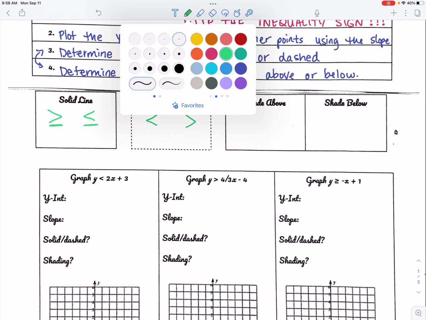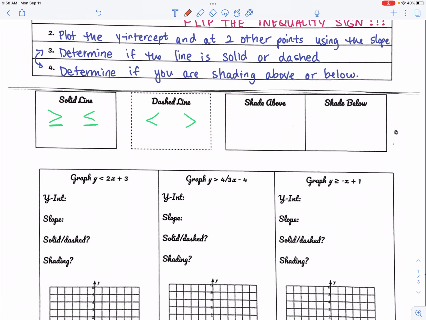Shading above or below: if we have greater than or equal to, that tells me I'm going to be shading above this line. Now there is an exception. If we have a vertical line, we cannot shade above or below a vertical line. This has to do with left or right. If I want greater than on a number line, that's to the right. So if we have a vertical line, we're going to shade to the right.